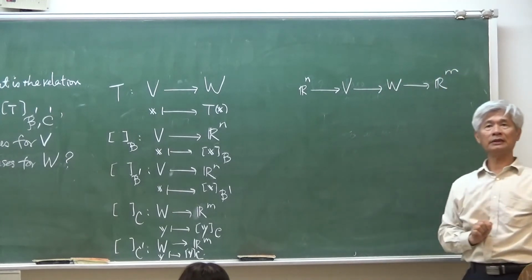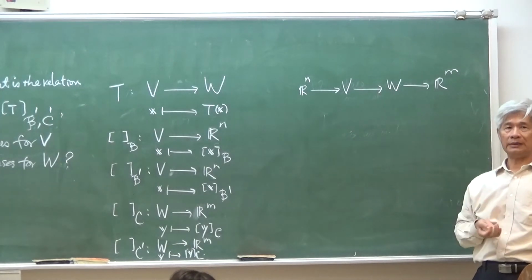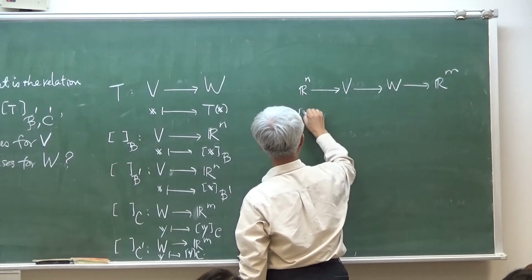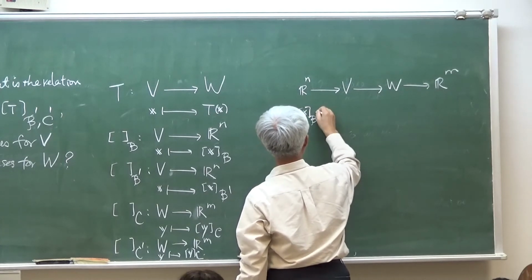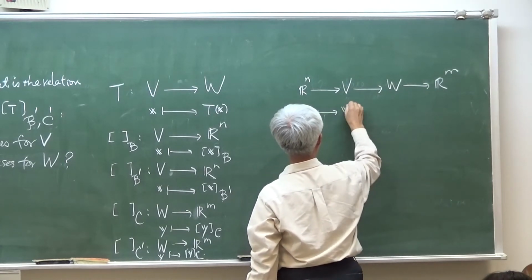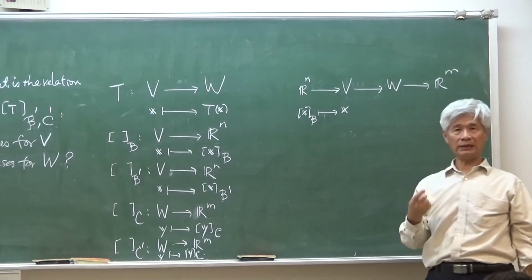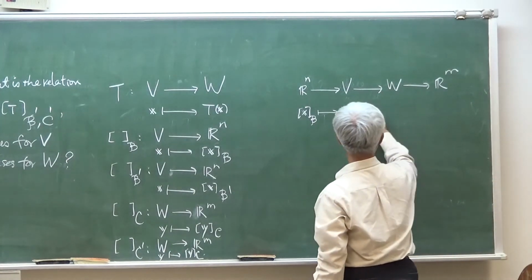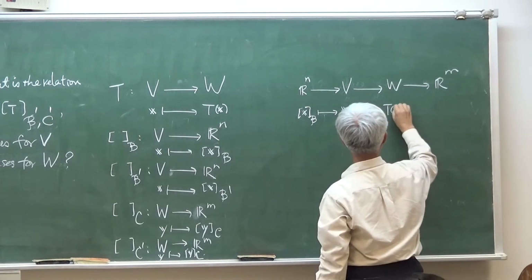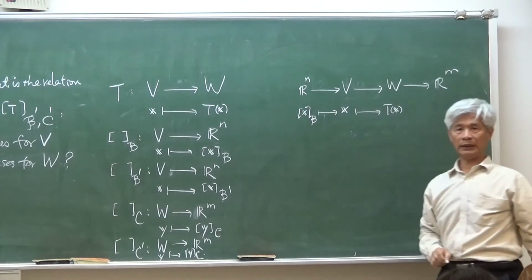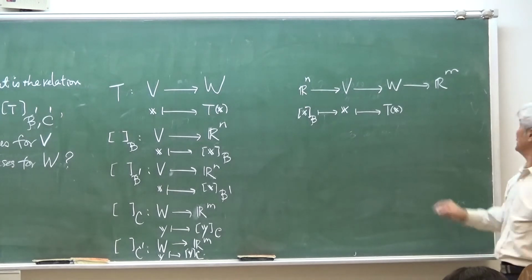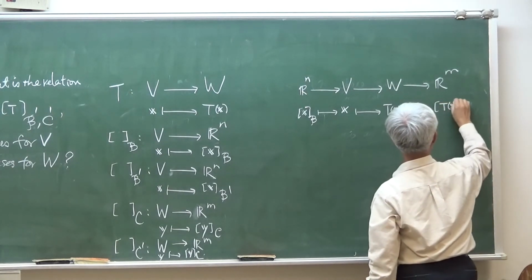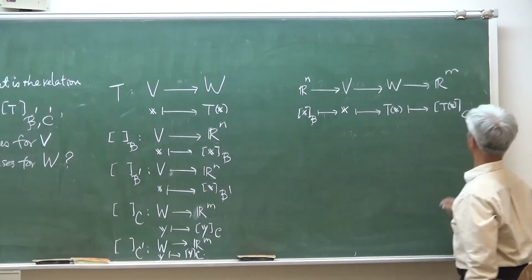So from here, we have the coordinate vector, and we go to X by synthesis, by linear combination. Then we apply T, and then we take the C coordinate.